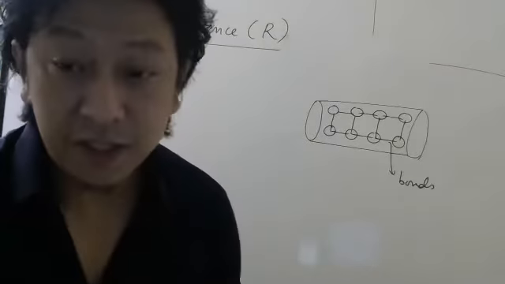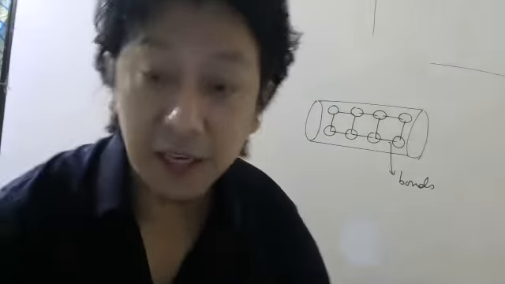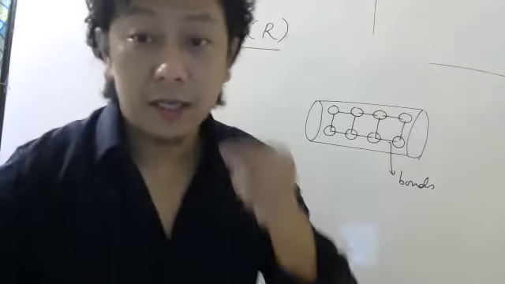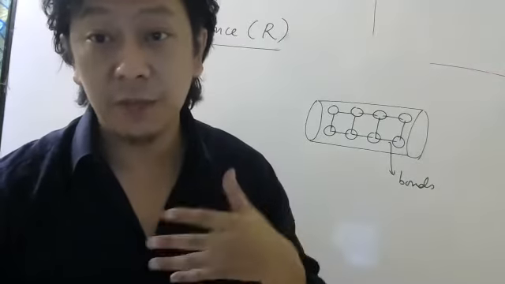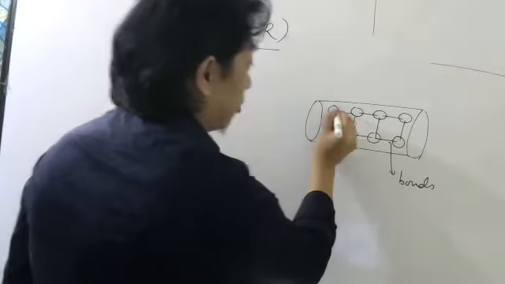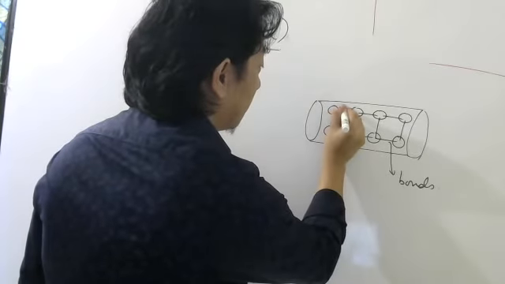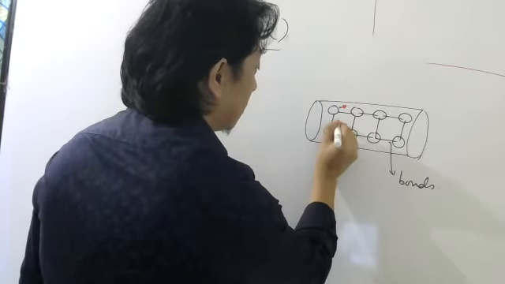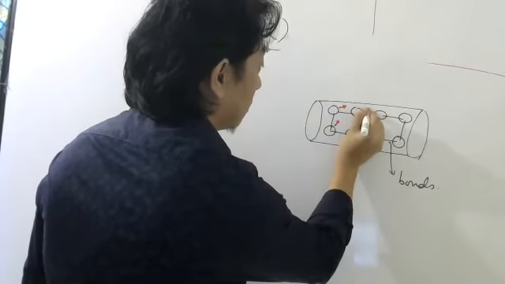Now, if it is a conductor, then what happens is the outermost electron becomes free. These red colors are representing the outermost electrons.